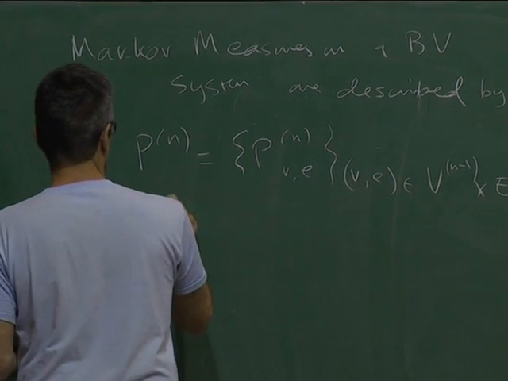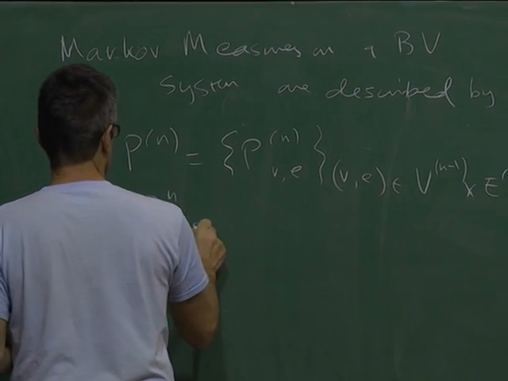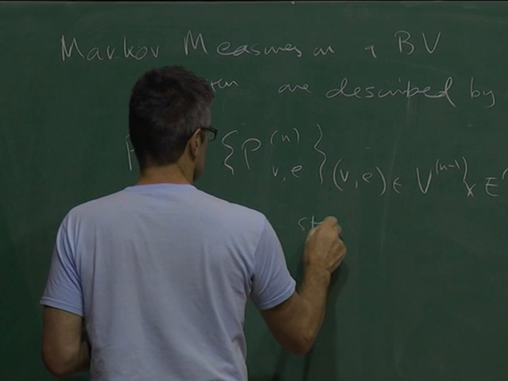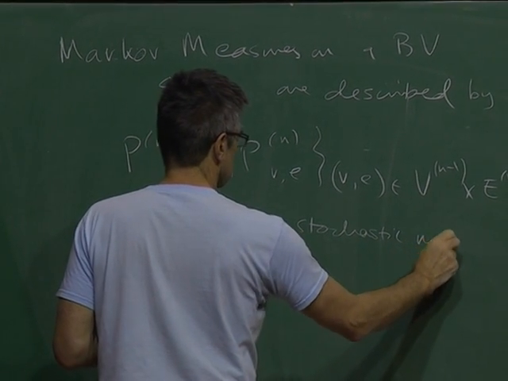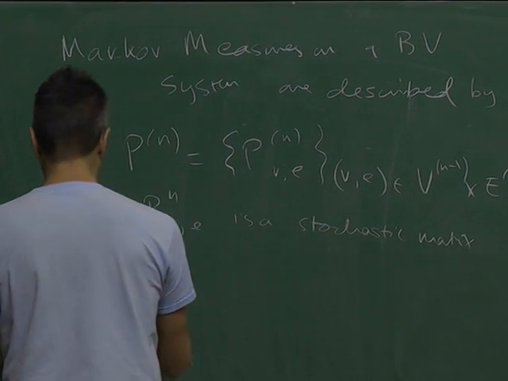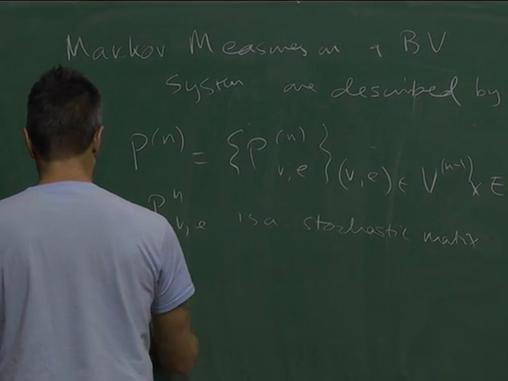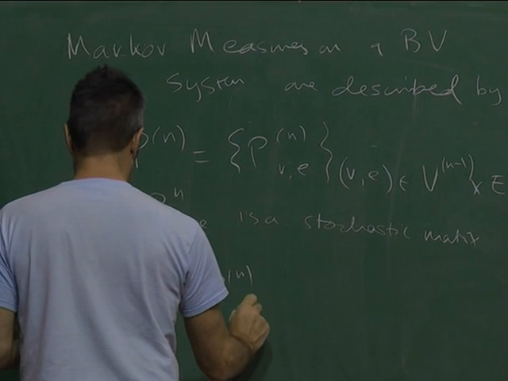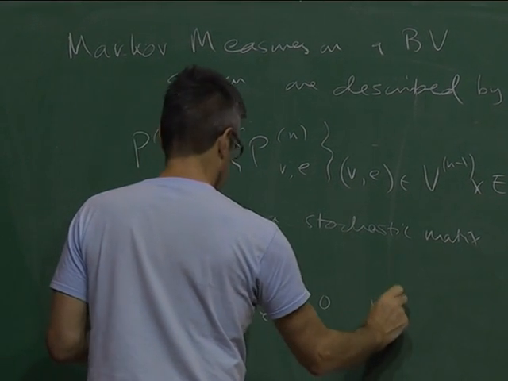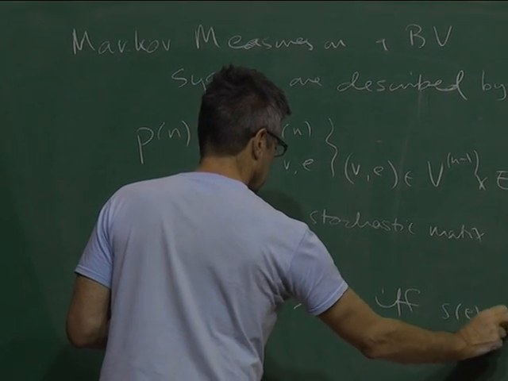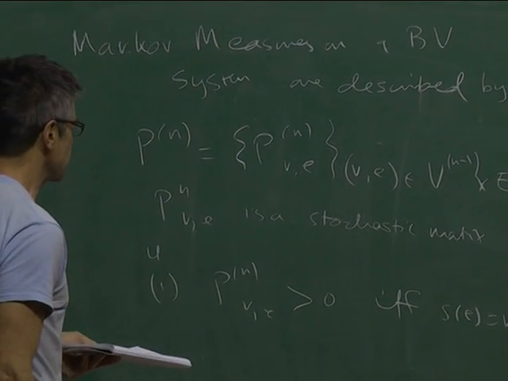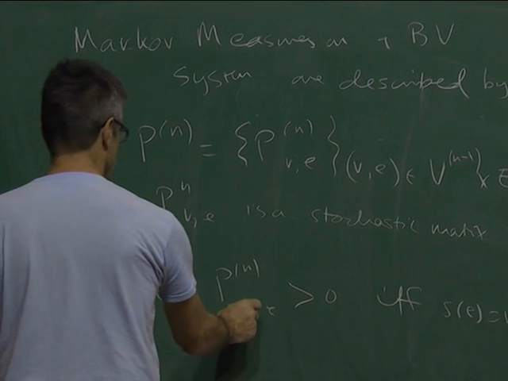So it's just the P_N(V, E), if and only if the source of that edge is equal to this vertex V, so it has to start from there.